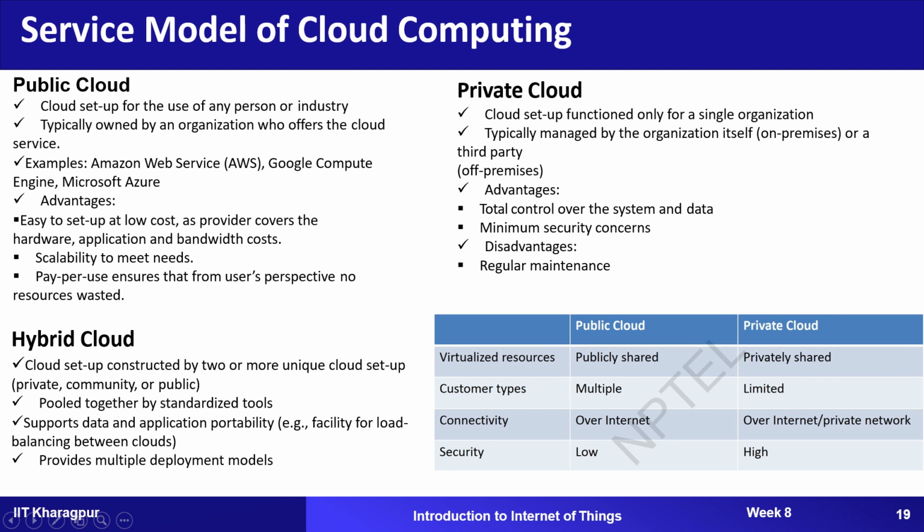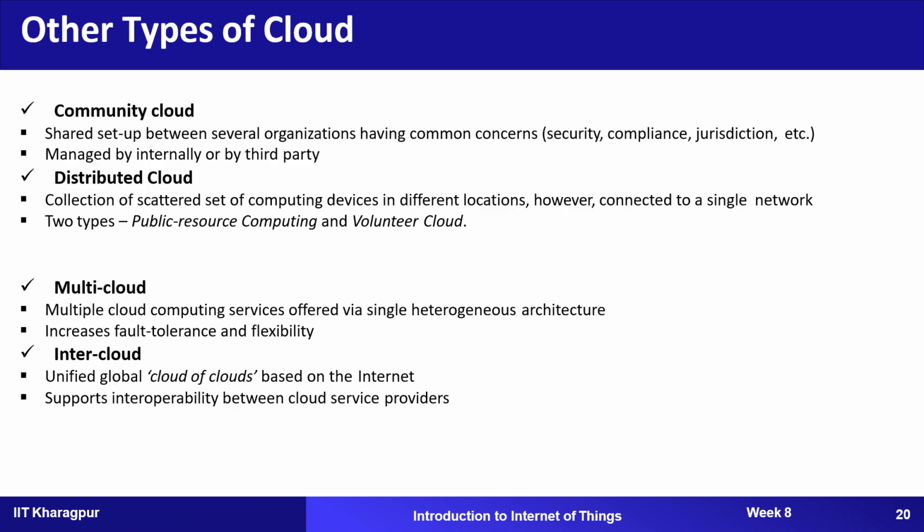However, in case of your private cloud, these are limited, only the members of an organization can access. Then the connectivity in case of your public cloud is over the network. However, in case of your private cloud, it is over the network, or it can be a private network also. Then the security in case of public cloud is less as compared to your private cloud. This I have already discussed, how the security is more in case of your private cloud.